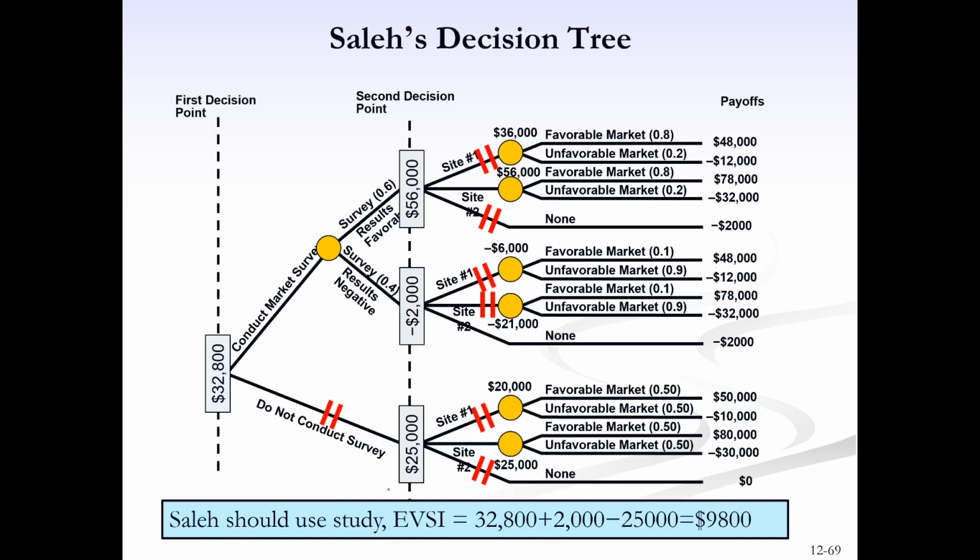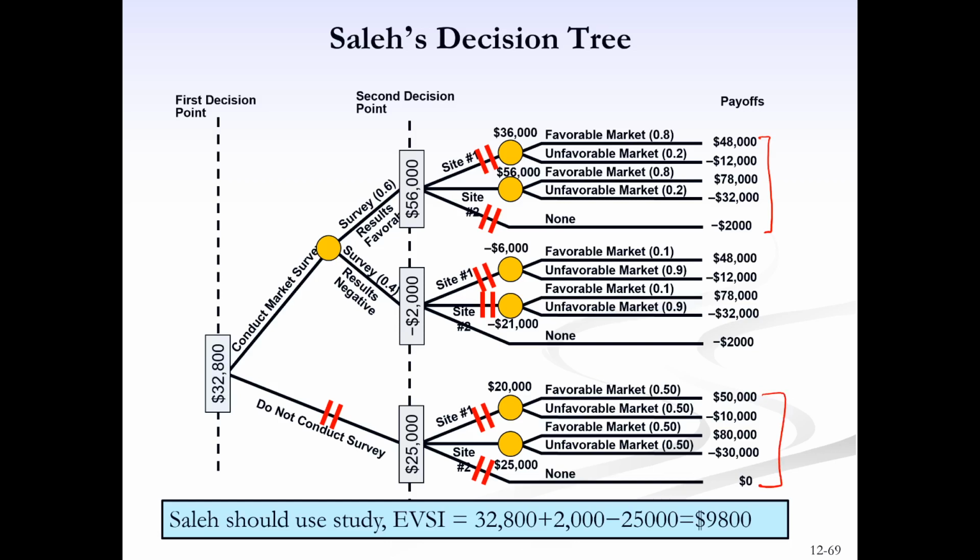And if we don't conduct survey, also we have three options there. And then the payoffs are given. As you can see that we have paying for the study as $2,000. So these payoffs differ by $2,000.